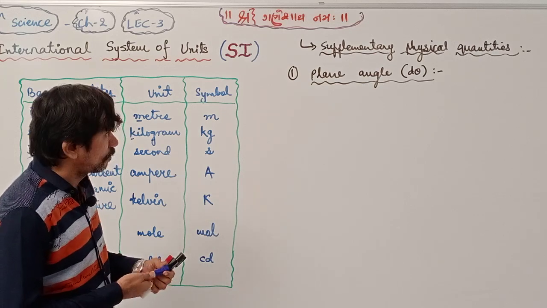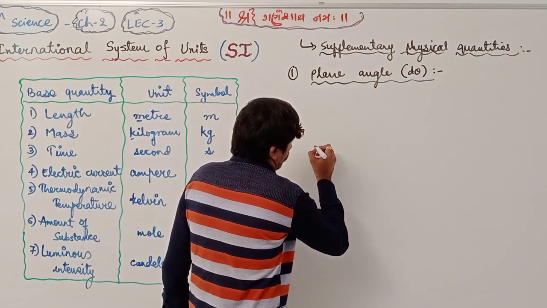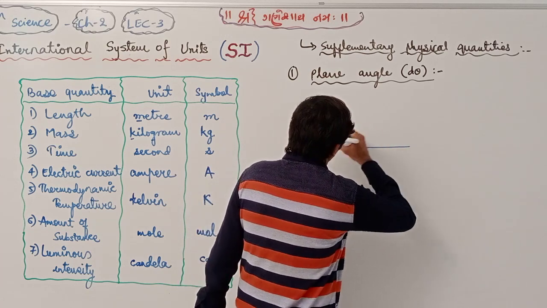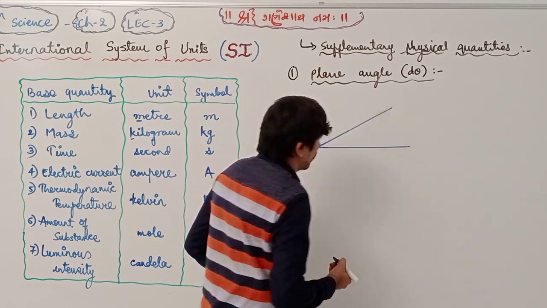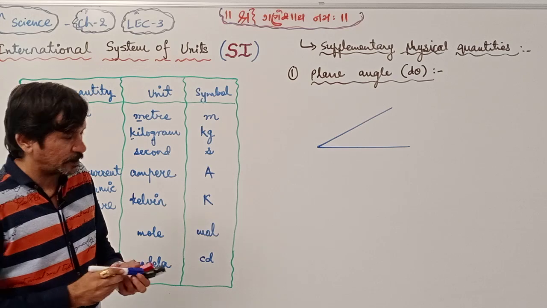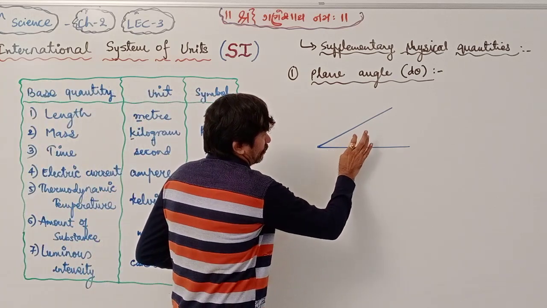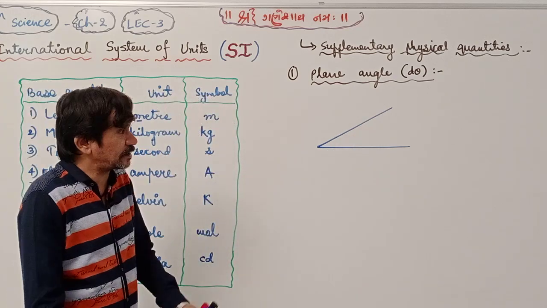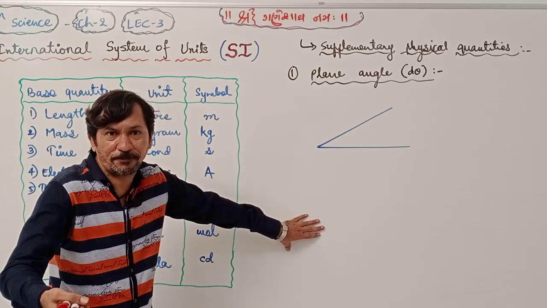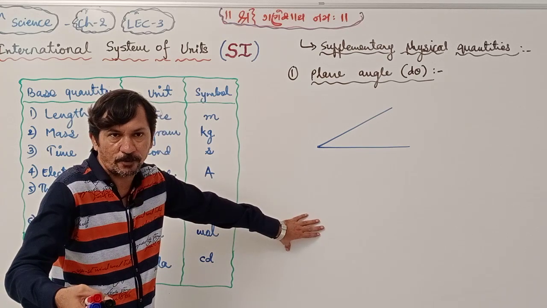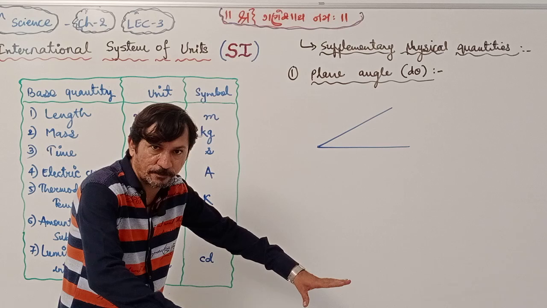Listen, here I have drawn an angle for you. This is a plane angle. Why? Because it can easily be drawn on a plane, on a surface, on a wall, on ground.